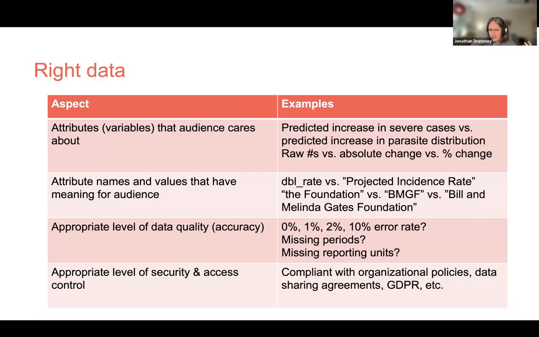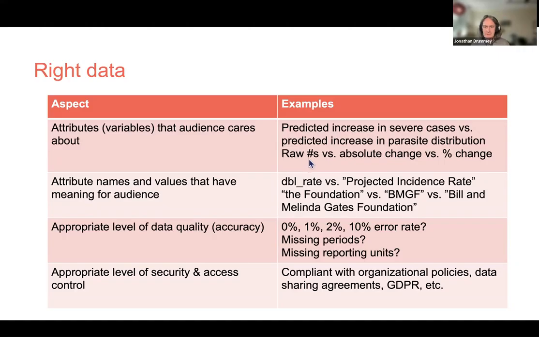The data you might have might be something like predicted increase in malaria parasite distribution. And yet what the audience really cares about is, okay, well, how's that going to change the distribution of cases that we have, and how many more severe cases are we going to get out of that?